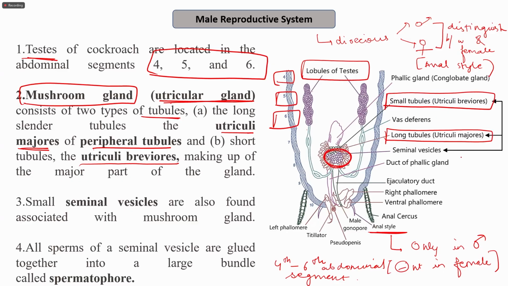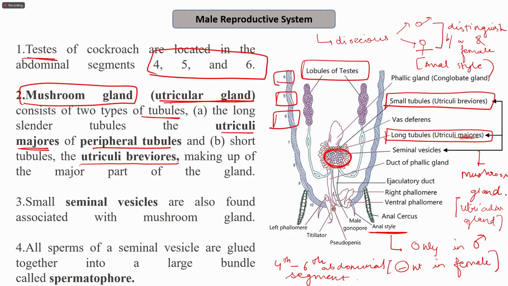Together these three form the mushroom gland: the small tubules, utriculi brevis; the long tubules, utriculi majoris; and the seminal vesicle. These three together form the mushroom gland, also known as the utricular gland.